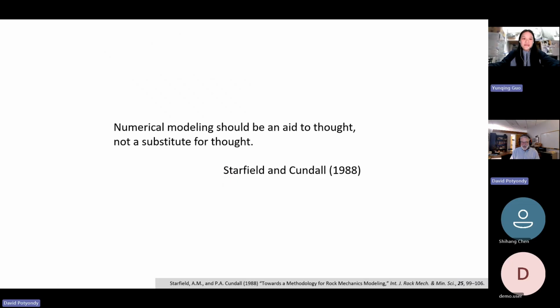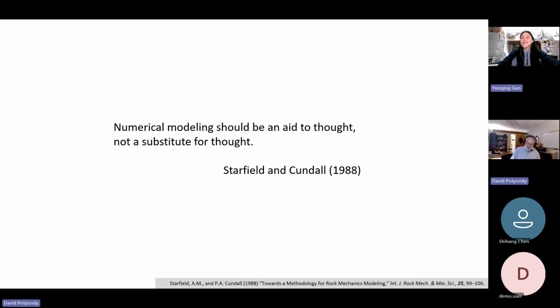It's a very classic paper in the field of rock mechanics and in modeling because it's very rare that people think about modeling as its own sort of science, if you will. They tend to think that models are the real system, and they just want to get an answer.